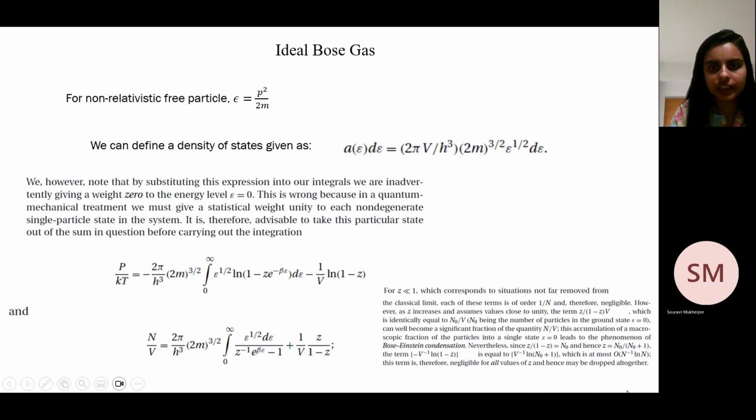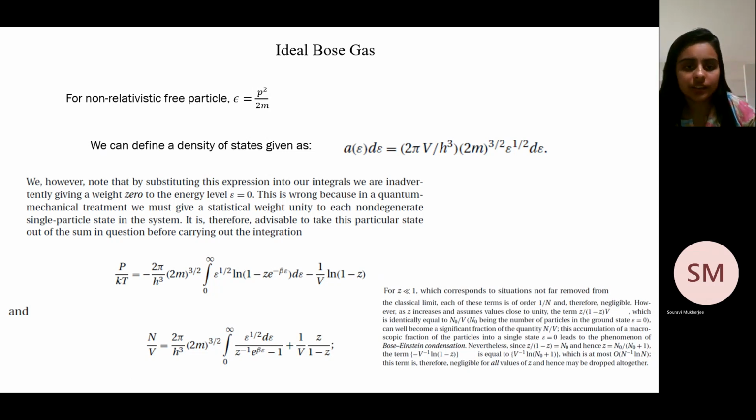For the three-dimensional case, non-relativistic particles, where energy goes as p squared by 2m, the density of states goes as energy to the power half. But that would be different depending on how many dimensions you are in. In 2D, the density of states is a constant value, while for 1D it goes as energy to the power minus half. So this expression for the density of states is a function of what kind of dispersion relation you have and what dimension your system is in.